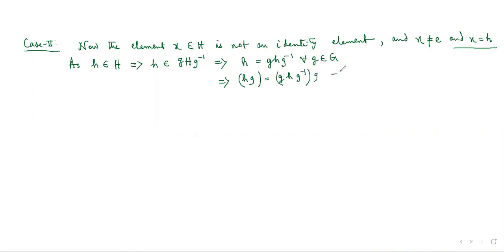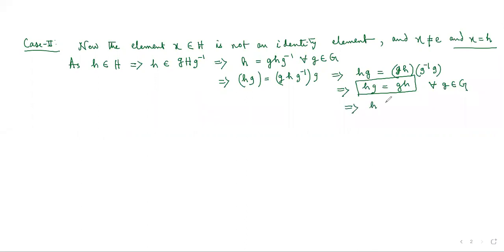So this gives me hg, and we can associate them together, and that gives us hg equal to gh, for all g belonging to capital G.